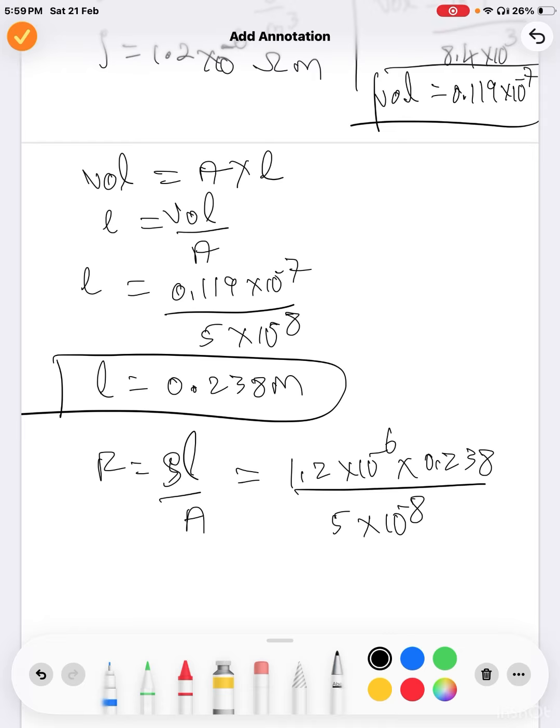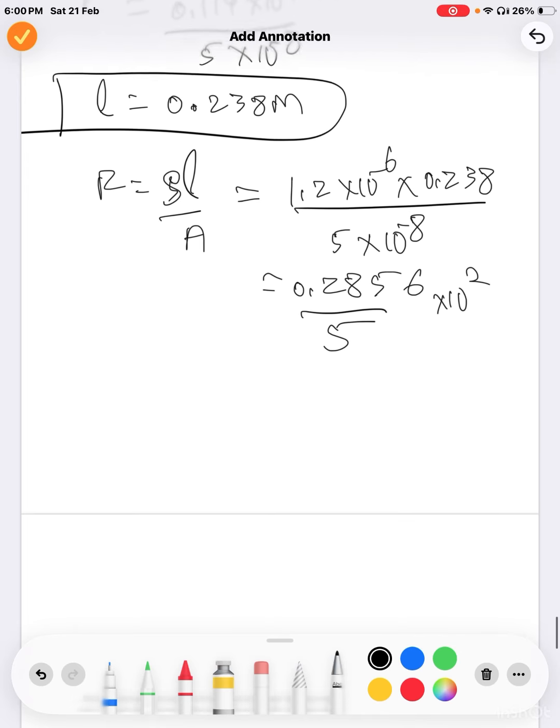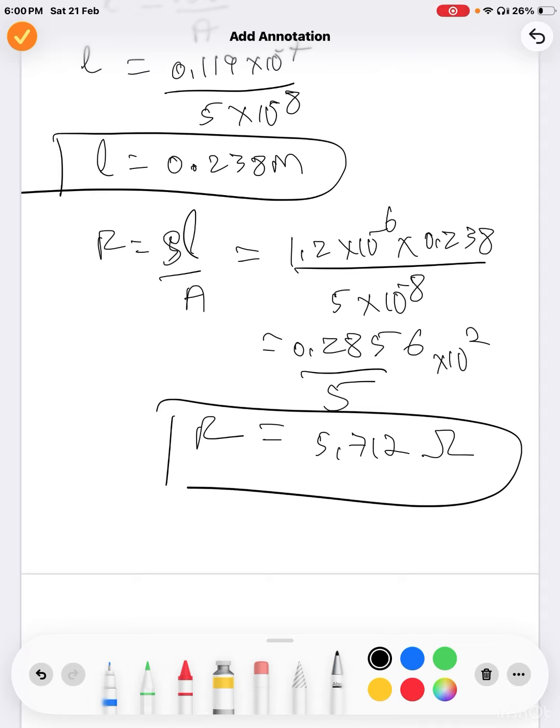So if you simplify this, you get 1.2 into 0.238, that becomes 0.2856 by 5, so that becomes 5.712 ohm is the resistance value.